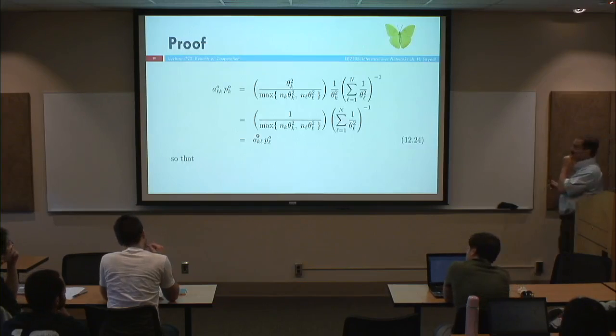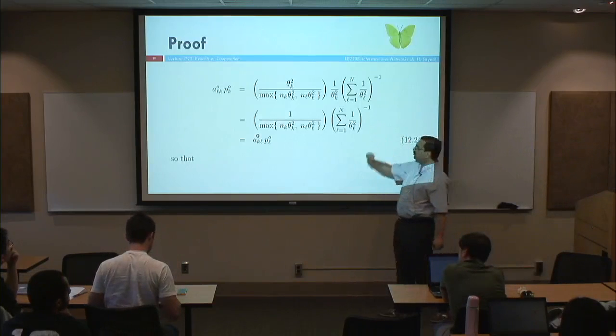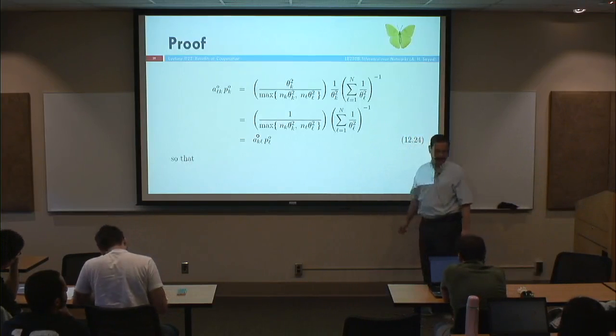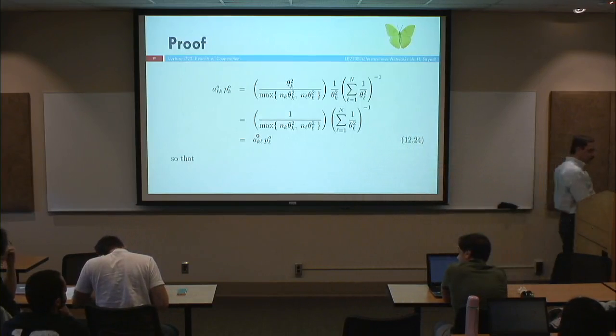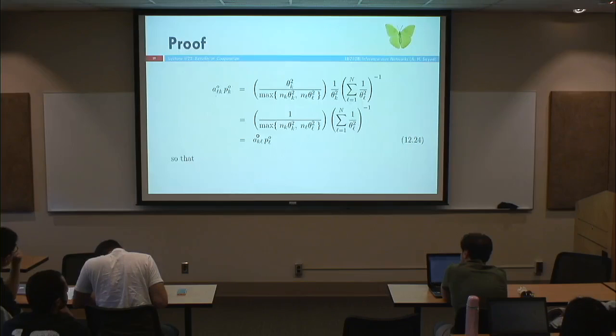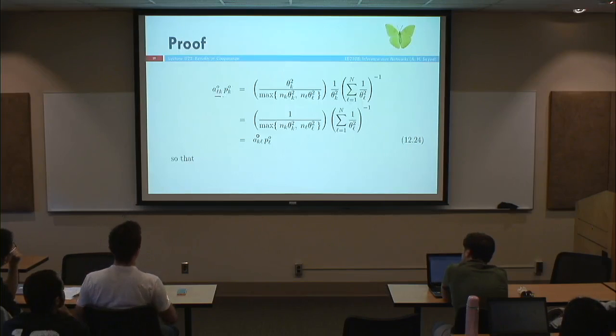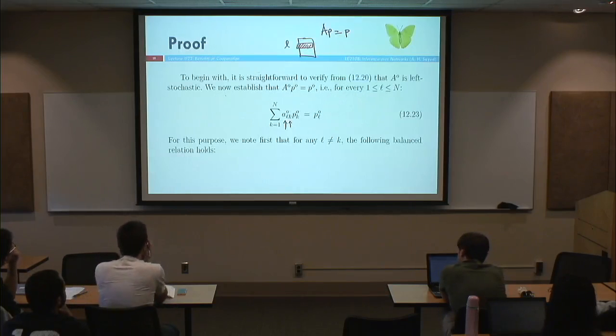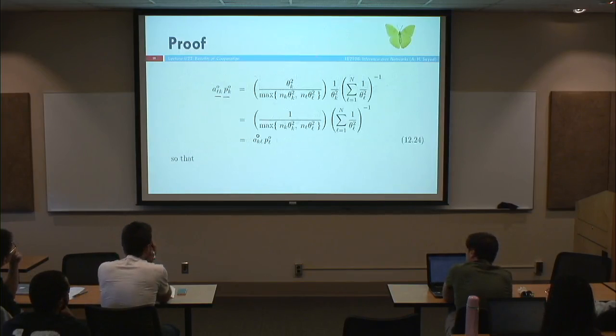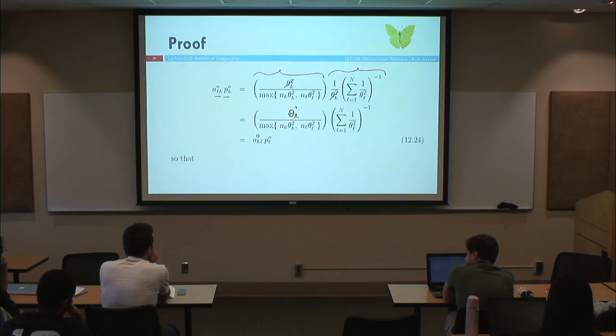So this is how I show it. First, let me show you the symmetry relation, which is useful. Let's take a_Lk multiplied by p_k, which is exactly what you have here. I gave you the expression for A, I gave you the expression for p. This theta cancels this theta, so I can replace it by theta_L.